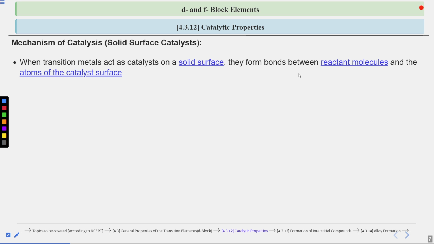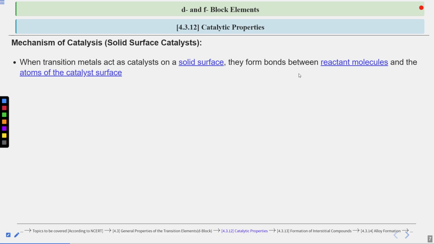When a transition metal acts as a catalyst on a solid surface, it forms bonds between the reactant molecules and the atoms of the catalyst surface. Why?